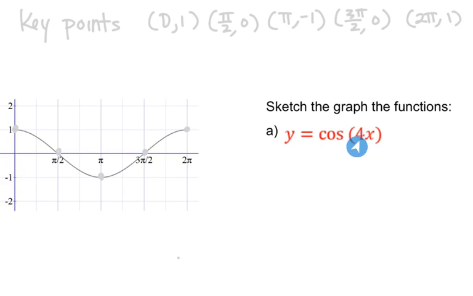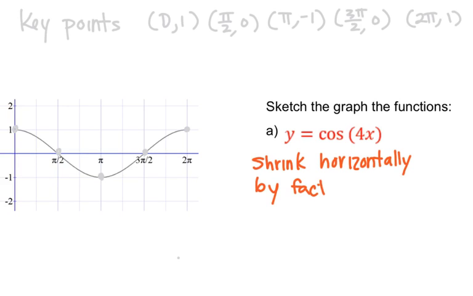So what does this times 4 in the argument, multiplying by the x, do? This is going to cause the graph to shrink horizontally by a factor of 1/4.